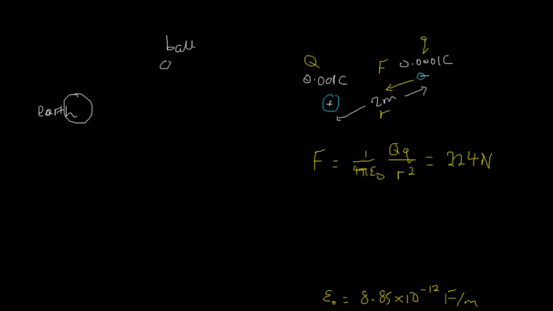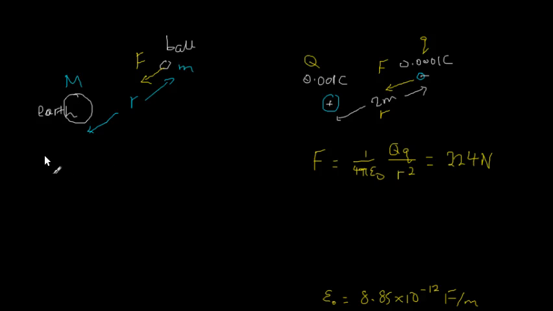Now the gravitational force on the ball I can also calculate, but this time using another formula, using Newton's law of gravitation. So let's say the ball is at a distance of r away from the center of the Earth. Let's say the mass of the Earth is big M, mass of the ball is small m.